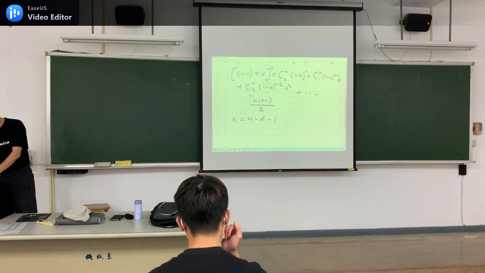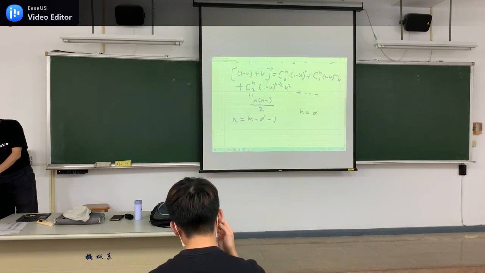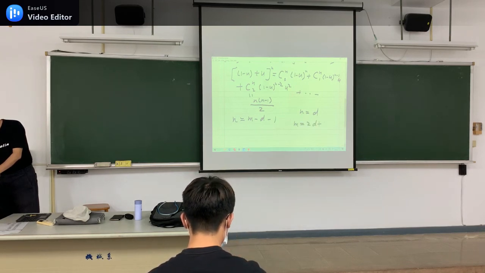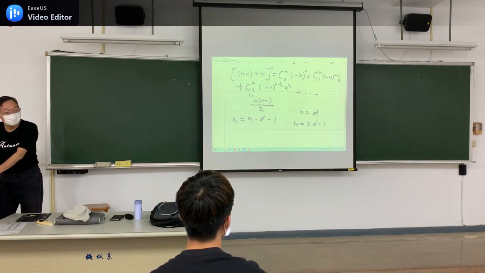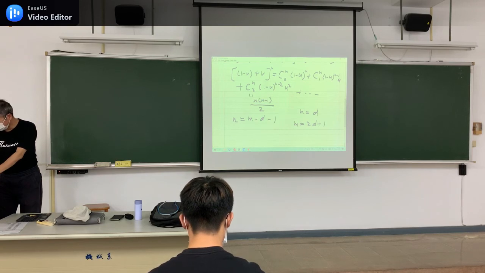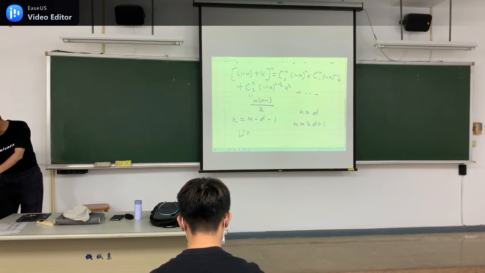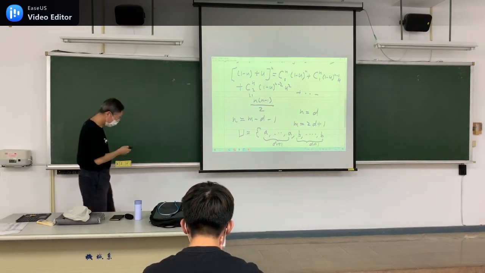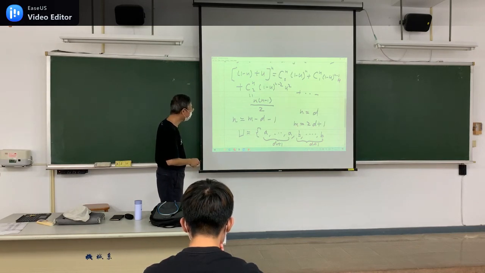And if N equals D, that means the number of knots will be 2D plus 2: D plus 1 at the start and D plus 1 at the end.